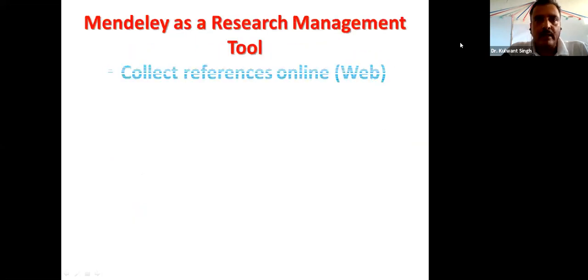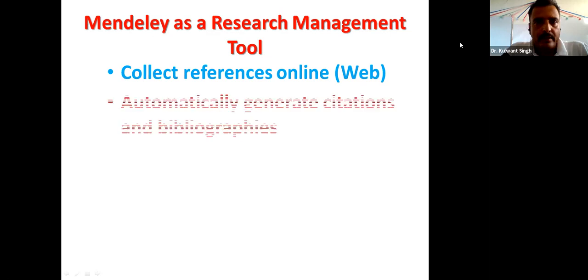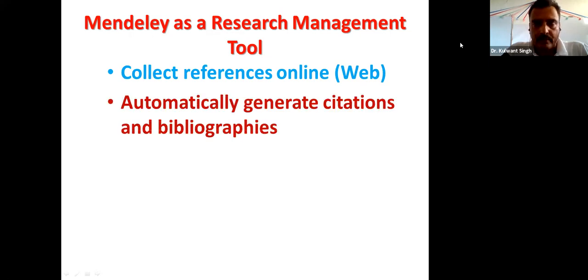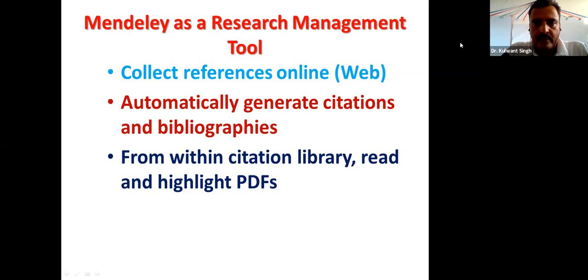In Mendeley Reference Manager, we can collect references online using the web. There is an option, the web importer, and we can automatically generate the citation and bibliography using this tool. A researcher can create a library, meaning a set of research articles, and can read or highlight the PDFs in this software.